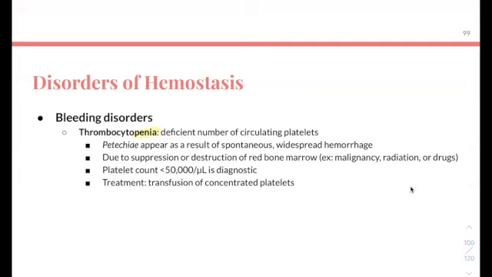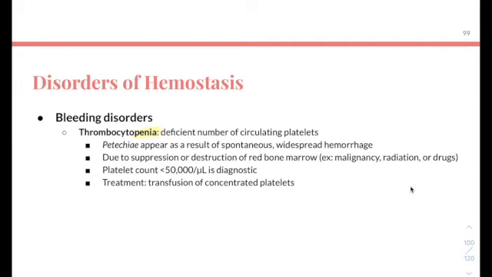It's usually due to the suppression or destruction of the red bone marrow. Again, malignancy, so some kind of cancers, radiation, or drugs. If the platelet count is less than 50,000, that is diagnostic.